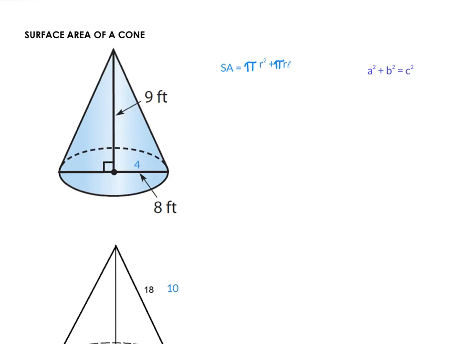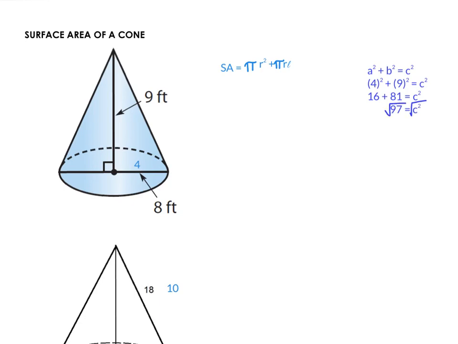Then we can repeat that, but fill in what we know. So I know that a and b are 4 and 9. I don't know the hypotenuse. That's the one opposite of the right angle there. So I'm left with c squared. Then we can put 4 squared and 9 squared in our calculators to get 16 plus 81 equals c squared. And then add 16 plus 81.